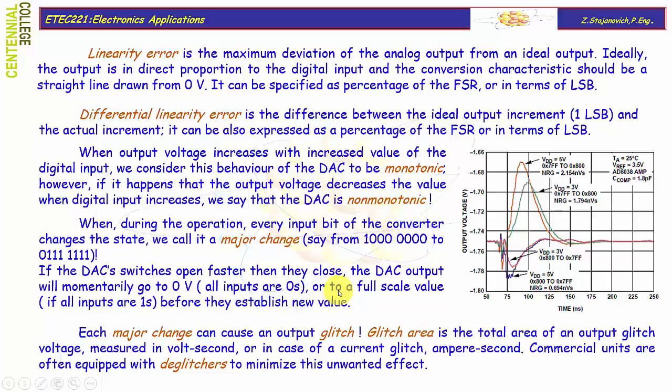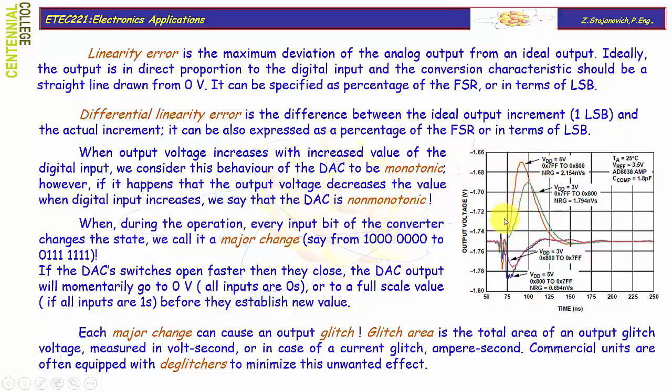Glitch area is the total area of the output glitch voltage measured in volt-seconds, or in the case of a current glitch, ampere-seconds. Commercial units are often equipped with deglitchers to minimize this unwanted effect. On the right-hand side, you have a diagram which shows the actual glitch measured on a commercial digital to analog converter.